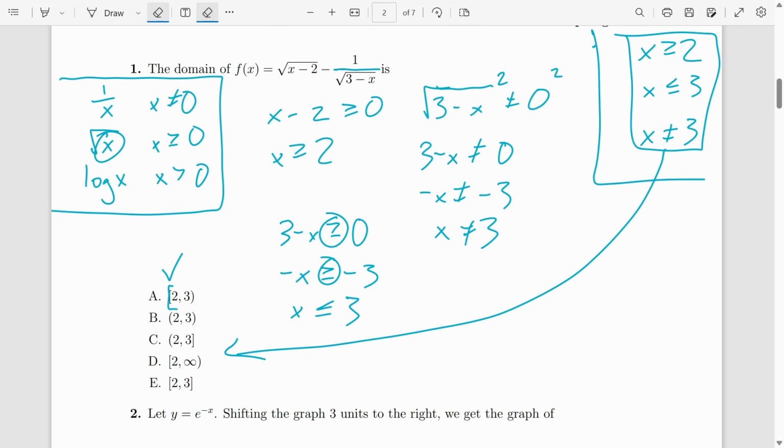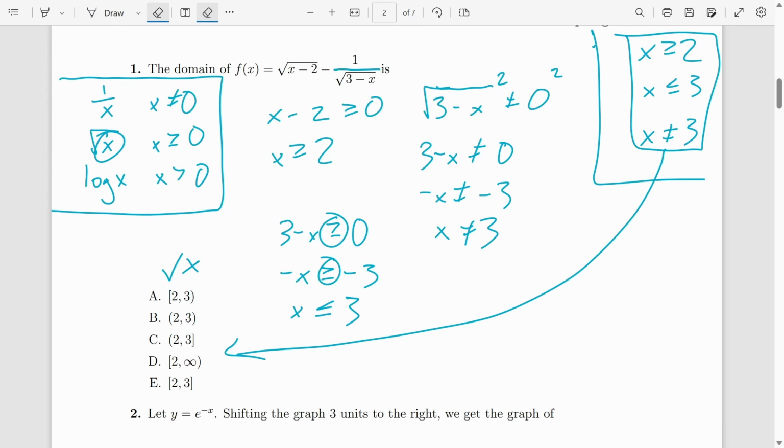Yes, you can plug in 2 for it, but you cannot plug in 3 because 3 has a parentheses right next to it. And something like B right here is saying you can't plug in 2 for x and you can't plug in 3 for x because both 2 and 3 are surrounded by parentheses. For something like E, it's saying yes, you can do 2 and 3 because it's brackets.